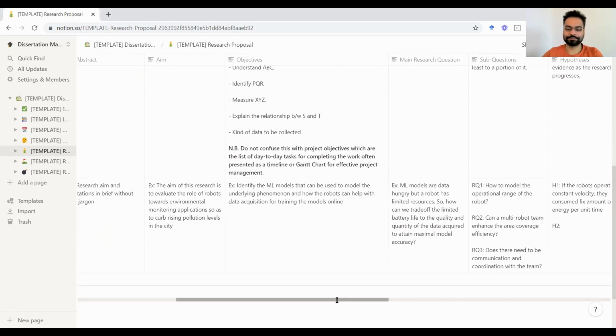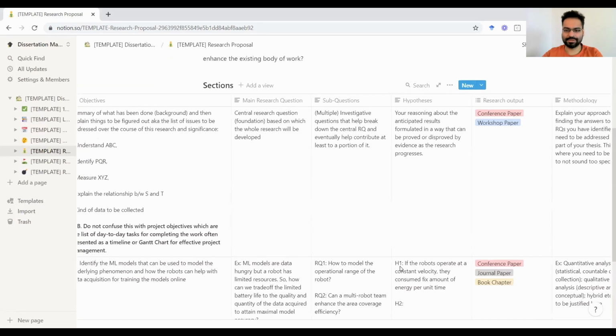Next up are the research questions. Now, the way I like to think of them, I think of them as a hierarchical description of the research question. So I always keep one central research question, which is going to be the foundation of my research. And then I try to break it down into several sub-research questions so that I can divide and conquer. Now remember, even though it's hierarchical, all sub-questions at the lower level of the hierarchy all contribute to the central research question.